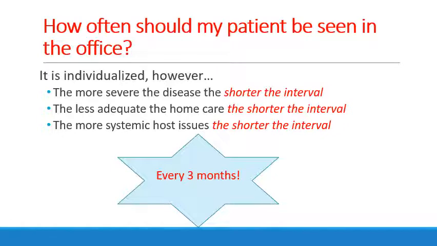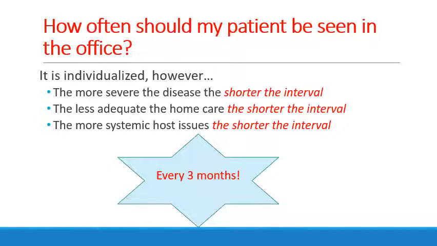So the more severe the disease, you want to bring the patients back sooner. The more that they come in and they have a lot of plaque, you want to bring them in sooner. And obviously, if they have a systemic issue, you would want to bring them back in sooner.